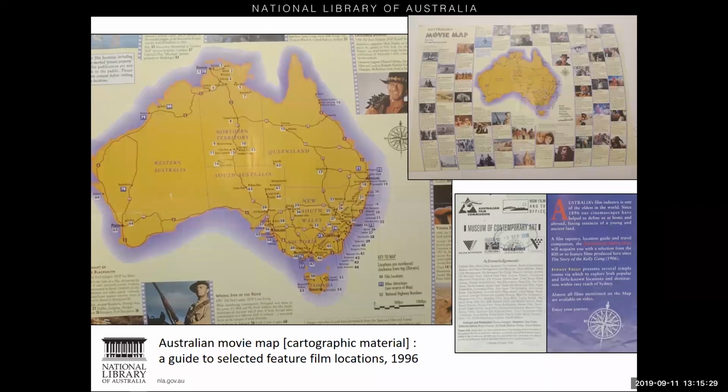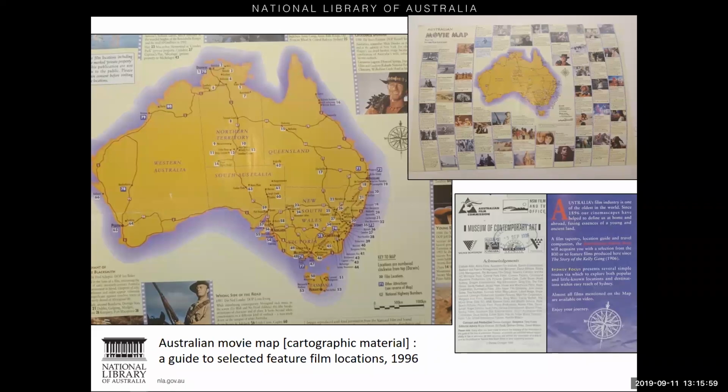This is a great example of material the library aims to collect, but it may not be the first thing you would consider searching for in our catalogue. The map pinpoints locations of motion pictures filmed here in Australia, ranging from 1906 to 1996. You might be able to see the locations are numbered clockwise, starting from the top in Darwin.